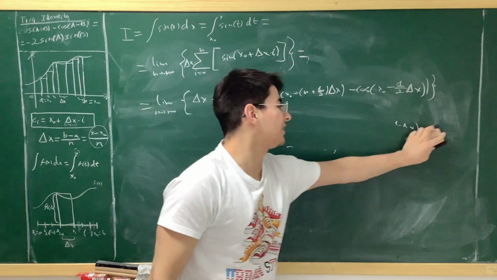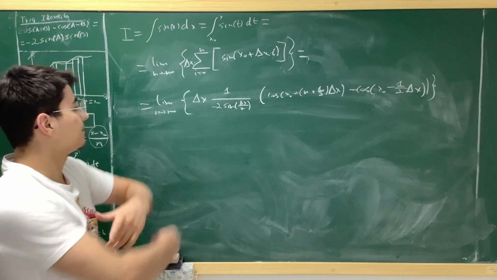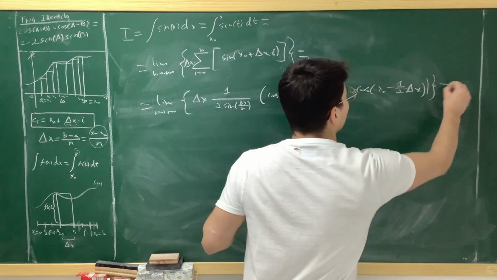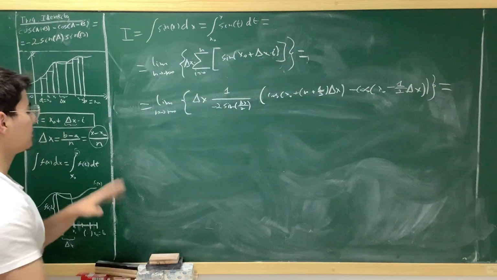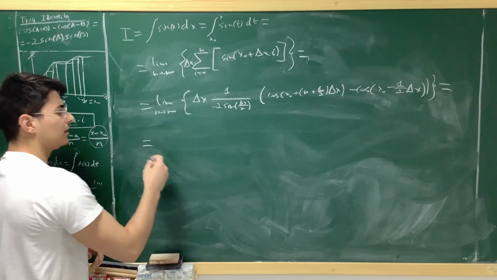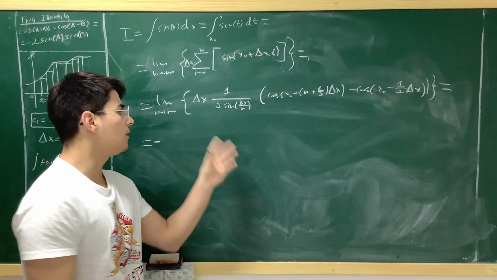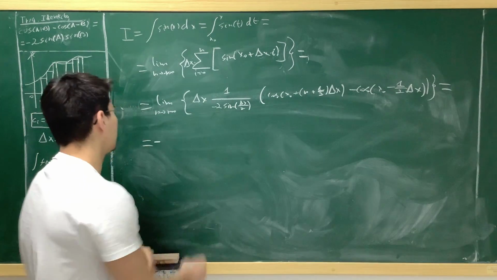It might seem ugly to put a negative sign here, but I just did to make things faster, because otherwise I would have to put a bracket. So, taking out the negative sign, we can split this into the limit of this term times this term.